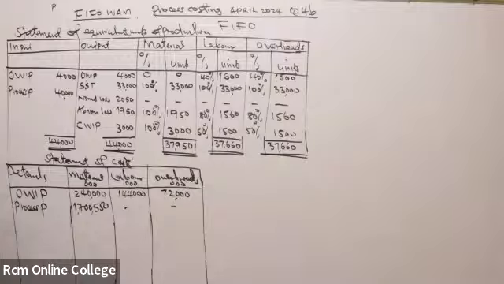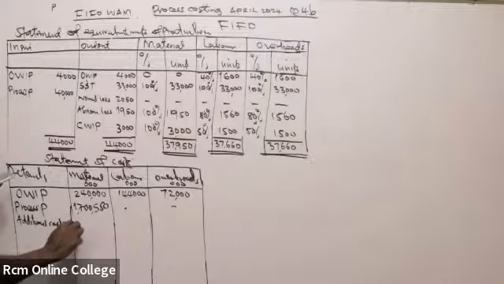Then from process P, we also have additional items, so additional costs. The additional cost again is shared. Information number 3. We have 759,000.